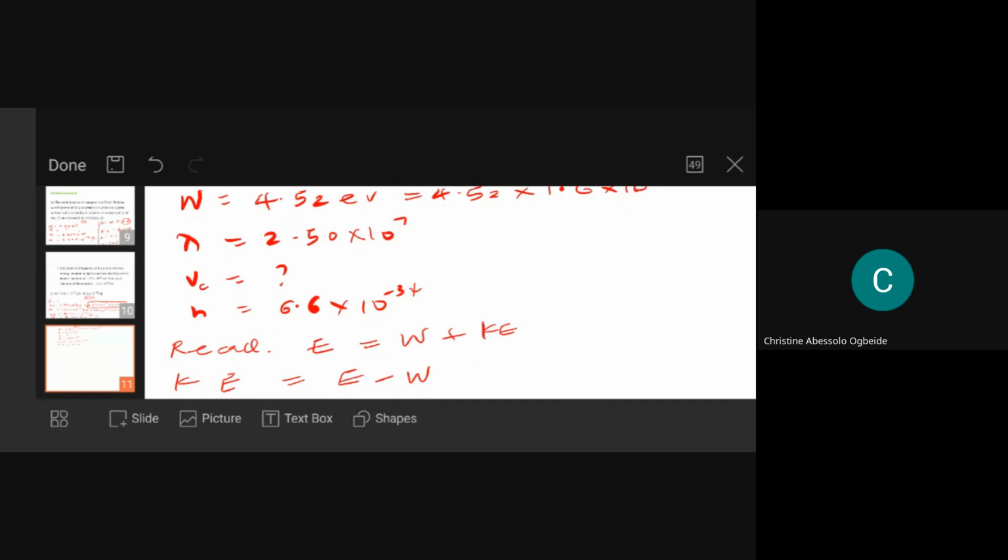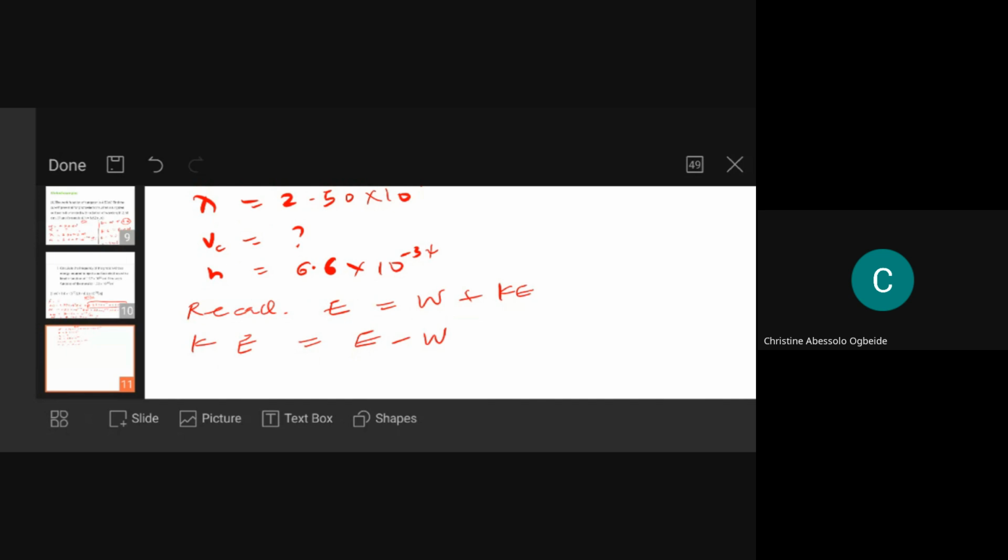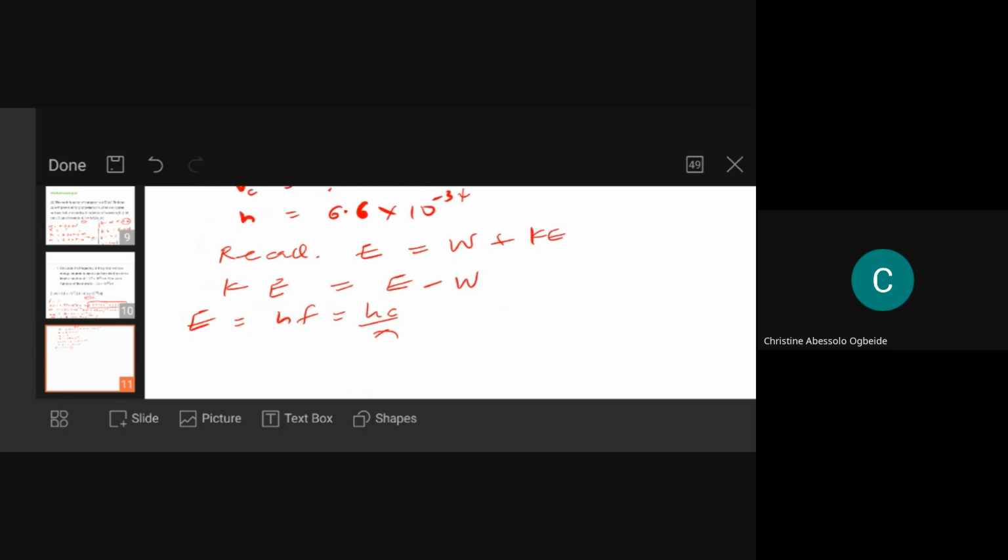And what is E? It wasn't given, but then we can find E. E is hf, which is equal to hc all over lambda, where c is the speed of light, which is 3 times 10 to the 8 meters per second.